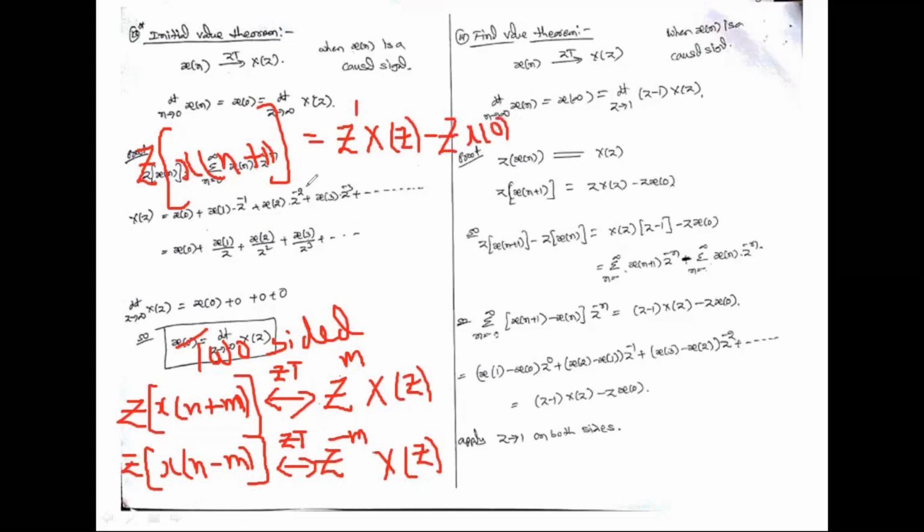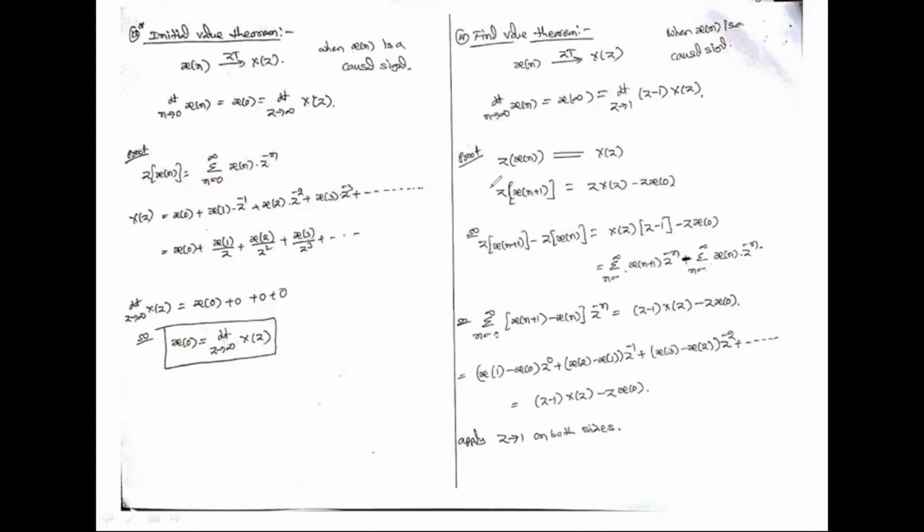For m equal to 2, it becomes z square x of z minus z square x of 0 minus z power 1 x of 1, and so on; the power of z increases while the other decreases. So with n equal to 1 and m equal to 1, x of n plus 1 is z of x of z minus z into x of 0, because only one term is there.